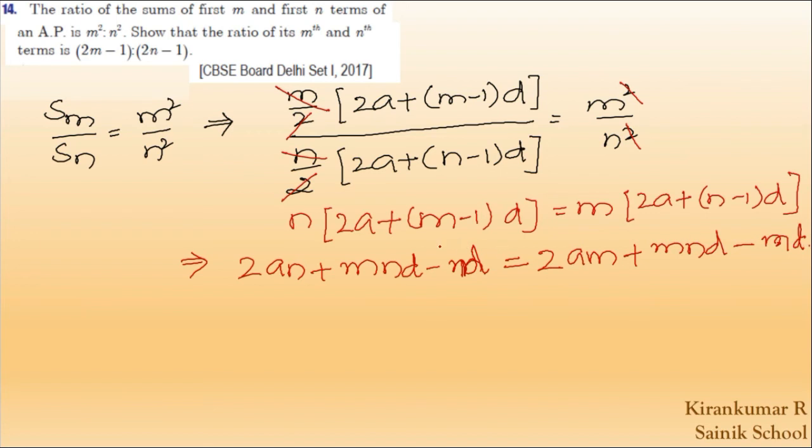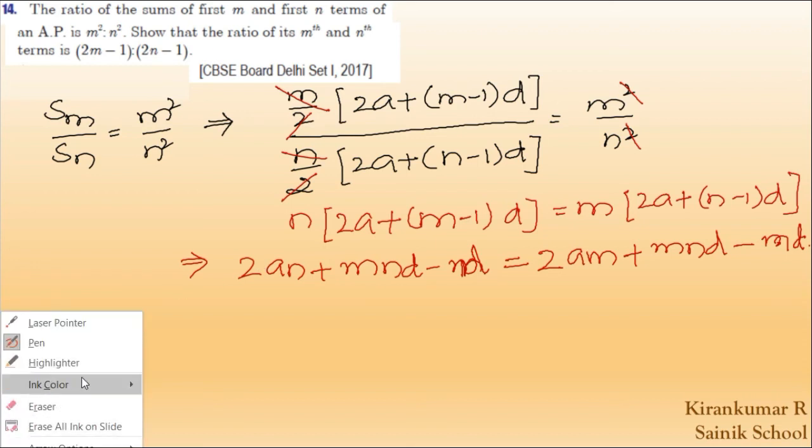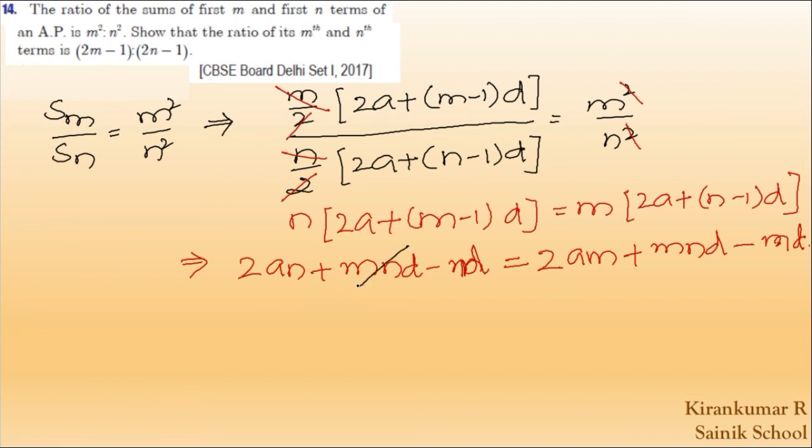You need to observe carefully. There is plus mnd on both sides. So let me cancel that out. What we get is 2an minus nd will be equal to 2am minus md.